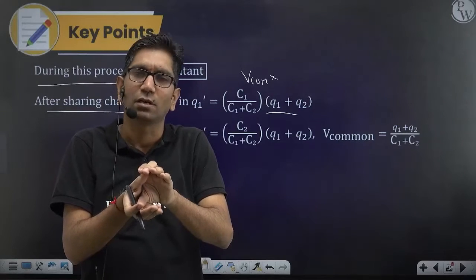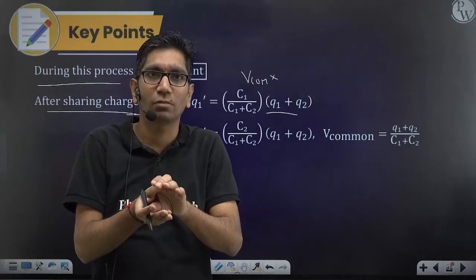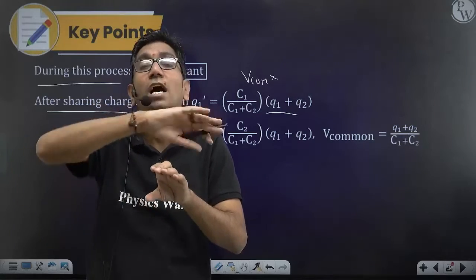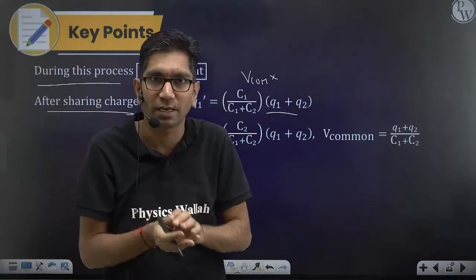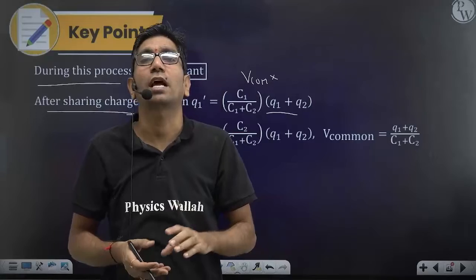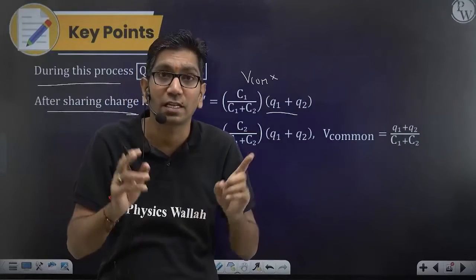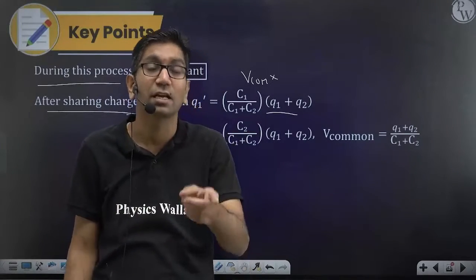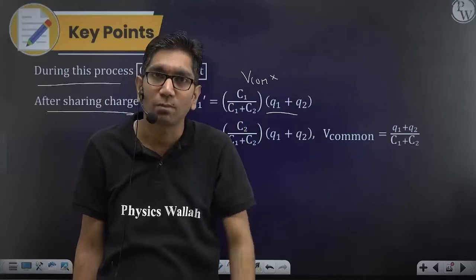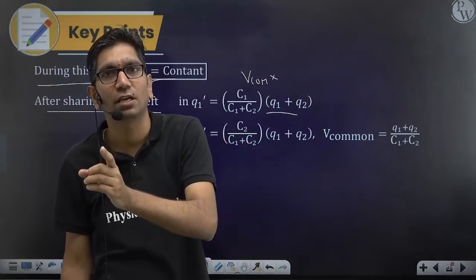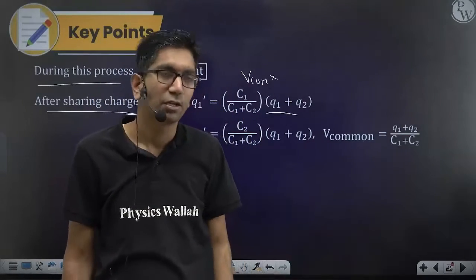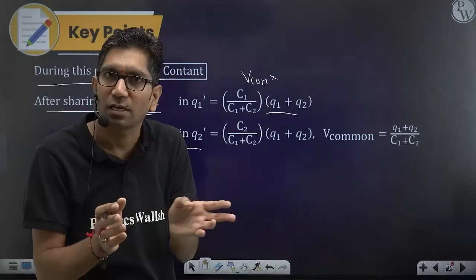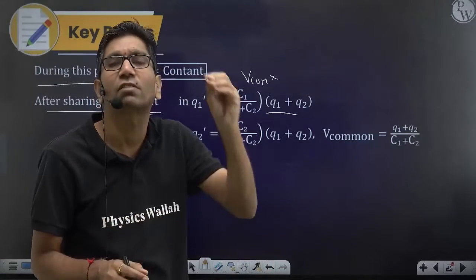So finally what will you get here? The charge will be distributed, right? Till what time? Until they get the common potential, charge will be distributed, right? So after distribution of charge, what is the final charge left?